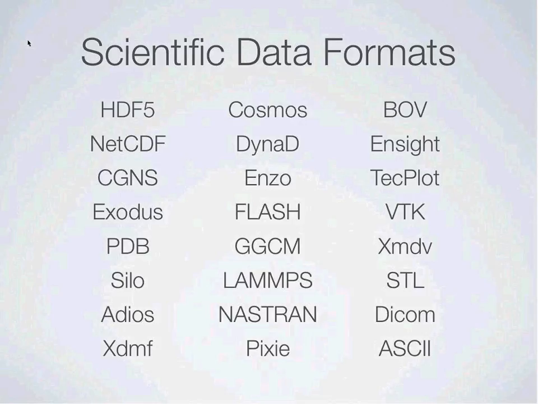There are specific ones that have to do with particular scientific domains, such as Enzo with astrophysics. PDB has to do with molecular structures. So they all have their pluses and minuses, and you have to do some kind of data transformation when you're dealing with all these different formats to get them into something you can use in your viz program.